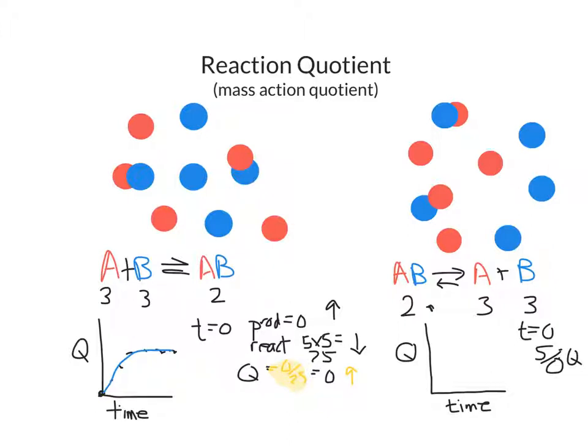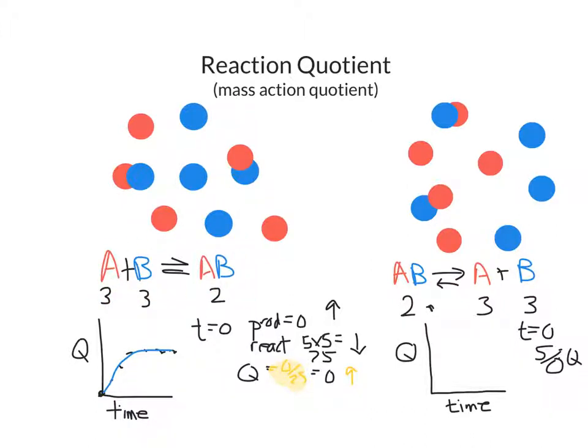And then as the reaction proceeds, we lose the AB, so we lose these products, and we gain A and B, so we gain the reactants in the reaction written this way. So in this case, we're starting with all AB, and so we have a lot of that, but no reactants, and so we have an undefined reaction quotient.